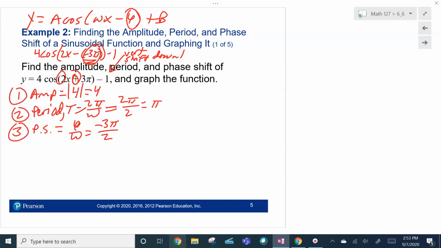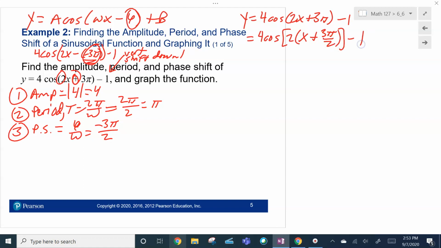Okay? Let me rewrite the original function so you can see the transformations. Originally it's written 4 cosine 2x plus 3 pi minus 1. If I rewrite that so you can see the transformations by taking a 2 out, right, this is the same thing.